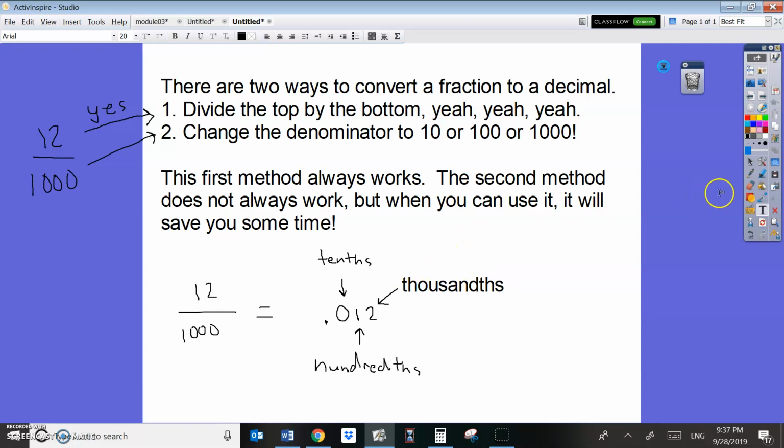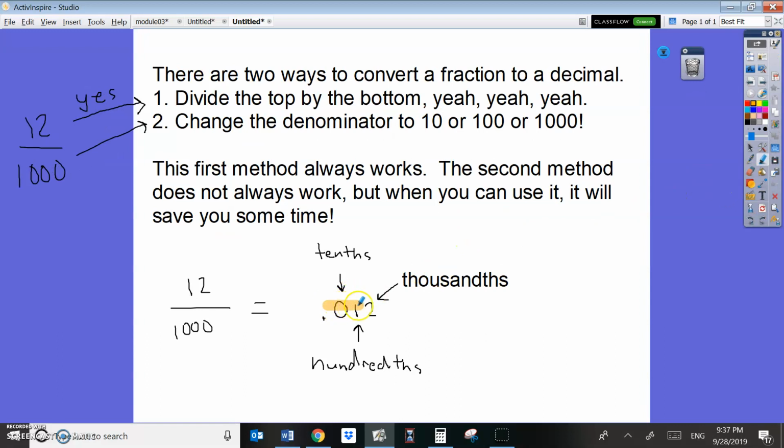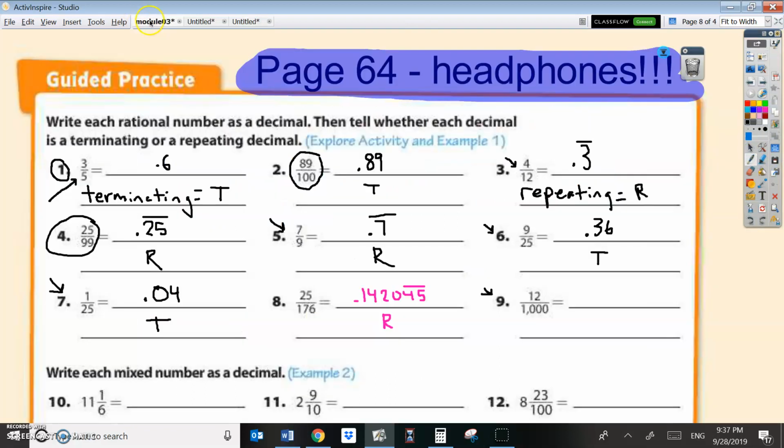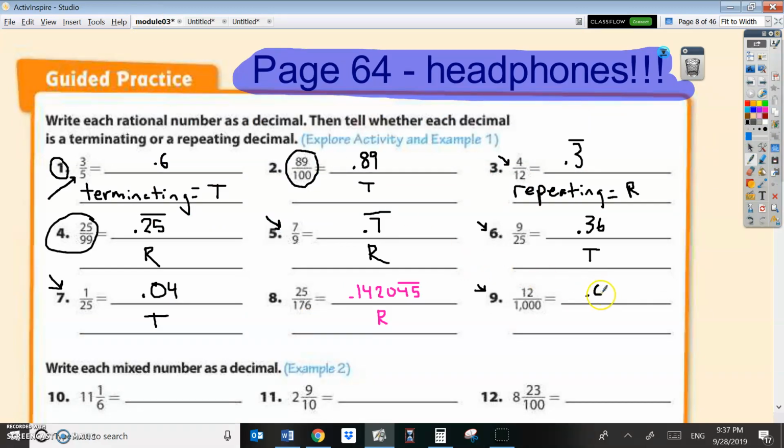Okay, so 12 thousandths is the same as 12 over 1,000. And that's a terminating decimal. Okay. Write each mixed number as a decimal. So just bring the number over and then put your decimal here and then convert the fraction to a decimal.